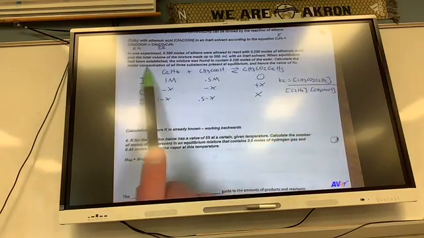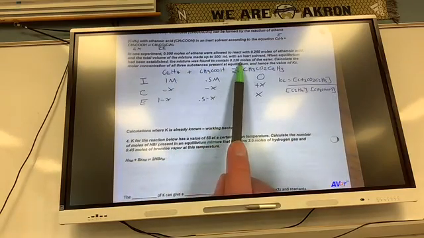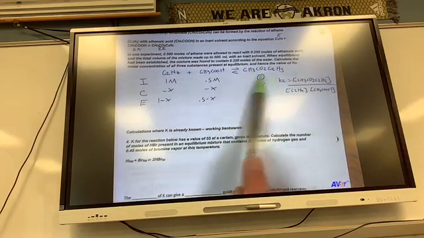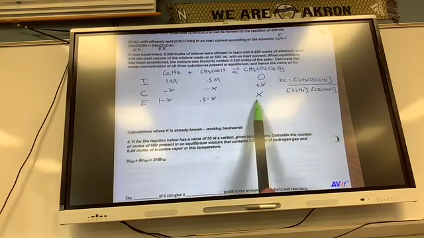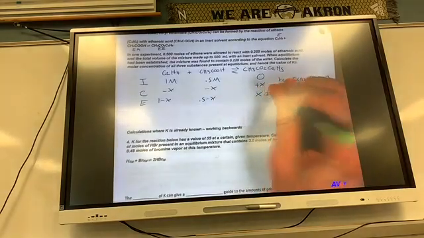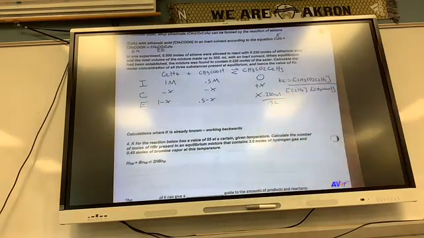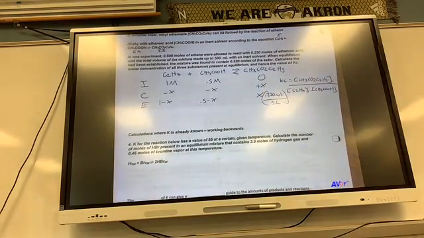When equilibrium had been established, the mixture was found to contain 0.220 moles of the ester. This is my ester. So at equilibrium, I know what X is. They told me that I had 0.220 moles. What's my liters? Still 0.5 liters. So solve that. And what is X? They told me the equilibrium concentration of the ester.